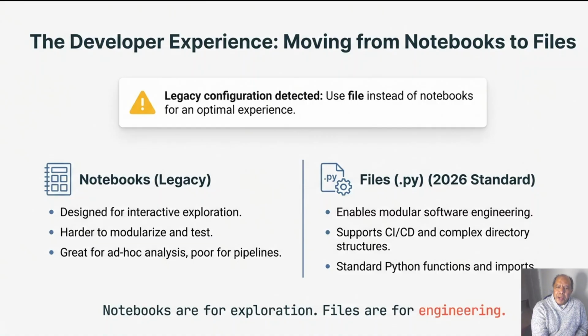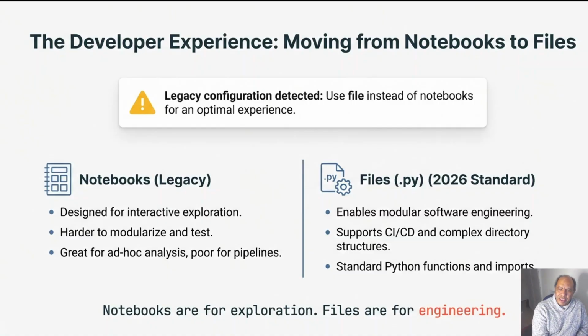You want CI/CD pipelines that can run automated tests. You want code that can be packaged, deployed, and maintained by engineering teams. So don't throw away your notebooks. They are still valuable for the right use case. But for production data engineering, it is time to embrace .py files as the standard.